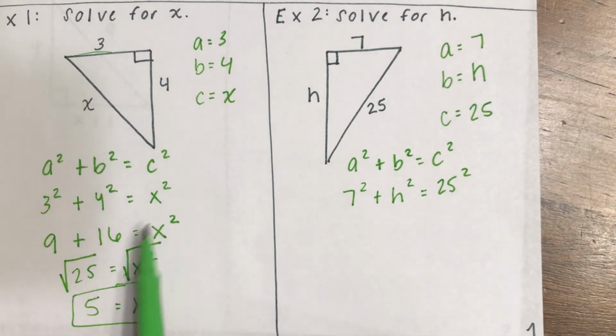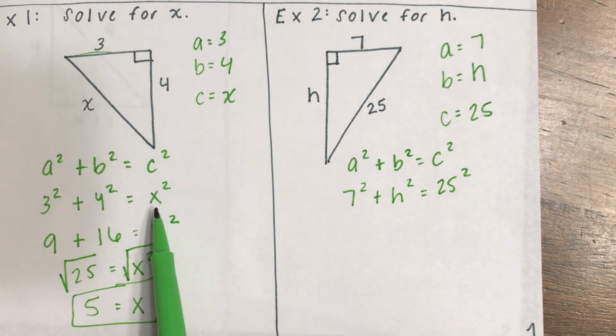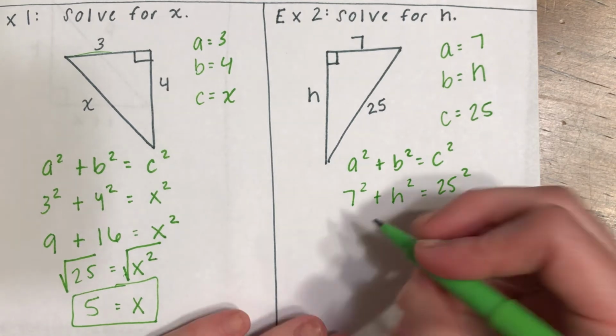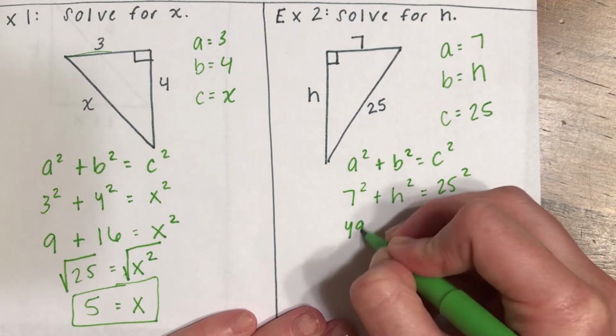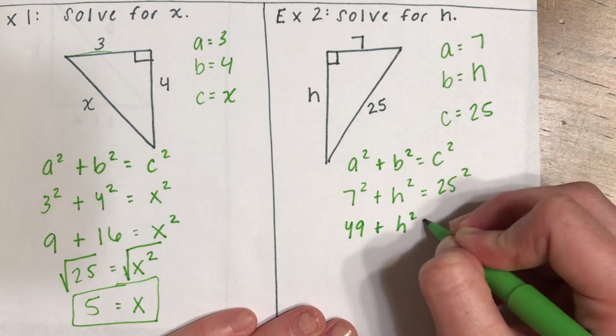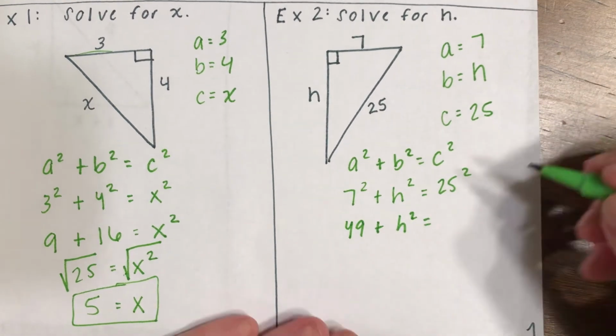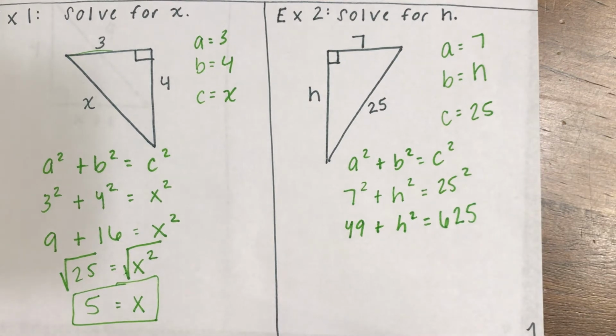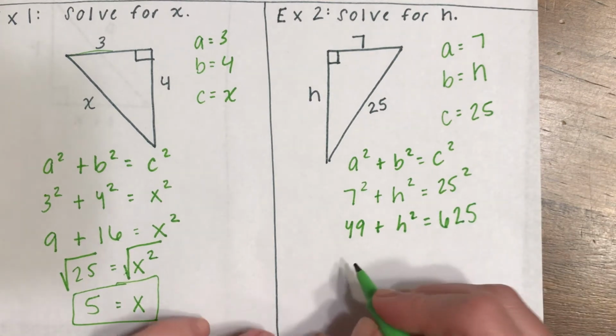Okay, so this time, as opposed to the last time, we aren't solving for what's by itself on the right. We are solving for one of the legs. Okay, all right, 7 squared is 49. 25 squared is a really big number, 625. Okay.